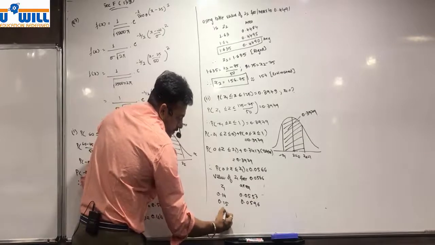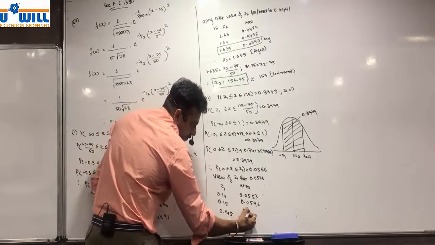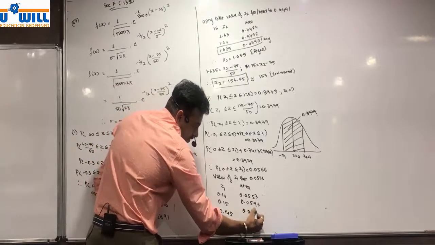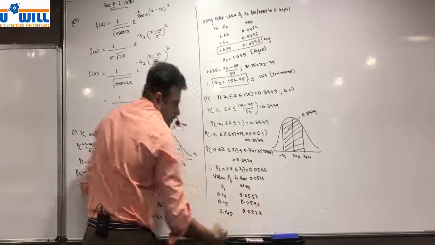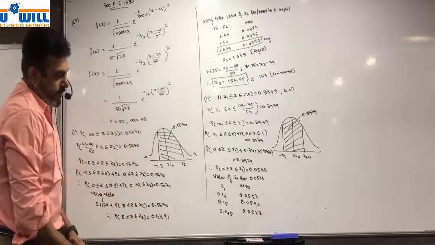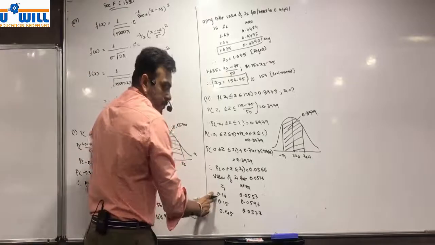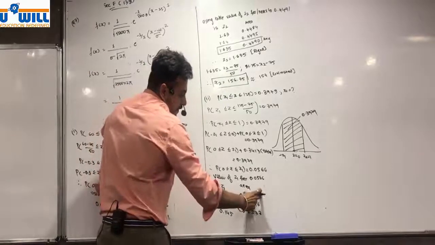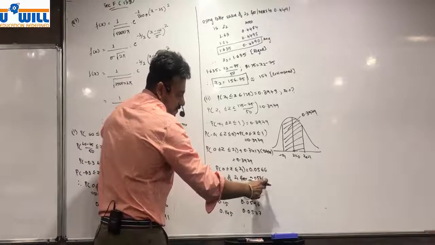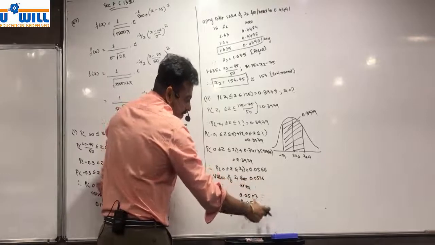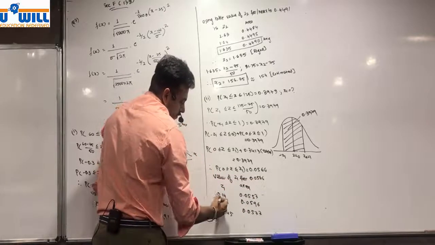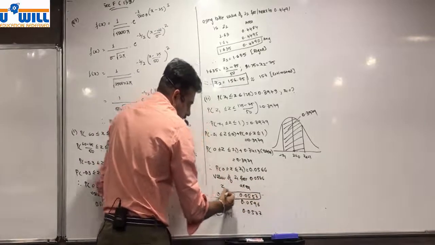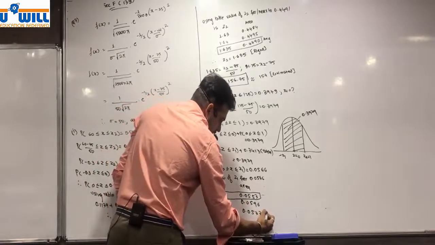So 0.145 is 0.0577. What is nearest? 0.14. Difference is how much? 57 and 66, 9. And 66 and 77 is 11. So 0.14, this is the average.